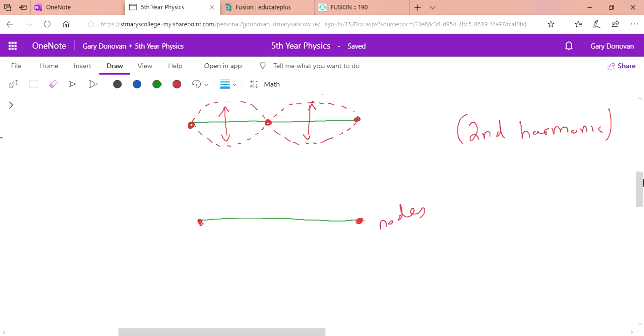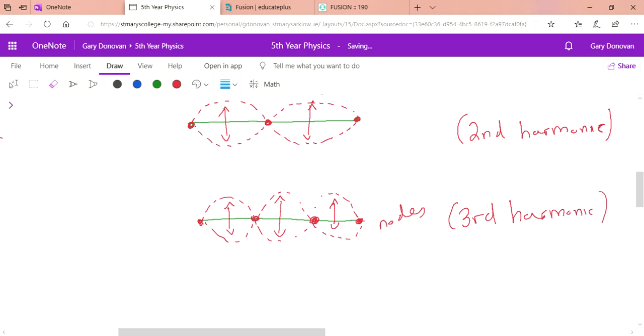So it's going to look something like this, where we have a node here, we have a node here, and all of these points here are our antinodes. And if the first one was the first harmonic or the fundamental frequency, the second one was the second harmonic, this is obviously going to be the third harmonic.